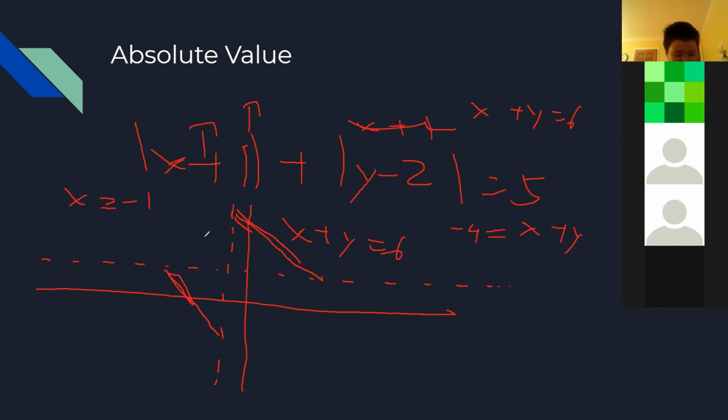Next, we have this end. On this side, x is negative and y is positive. So we have y equals x plus 6, I think.